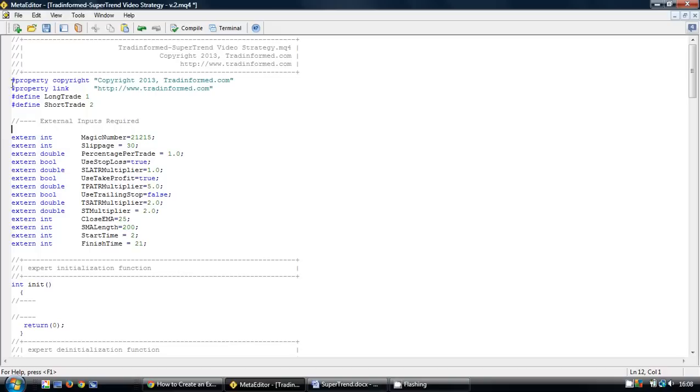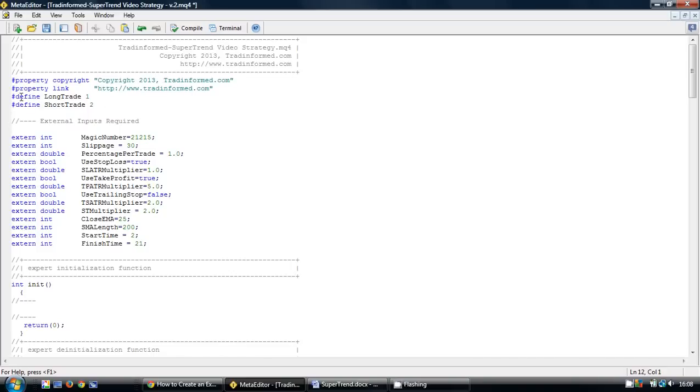Okay, going further down we're going to use #property to again provide information that is not used in the calculation, but this information will be available to the terminal. We're going to use #property for copyright, #property for a link. You can put in, of course, whatever information you like at this point.